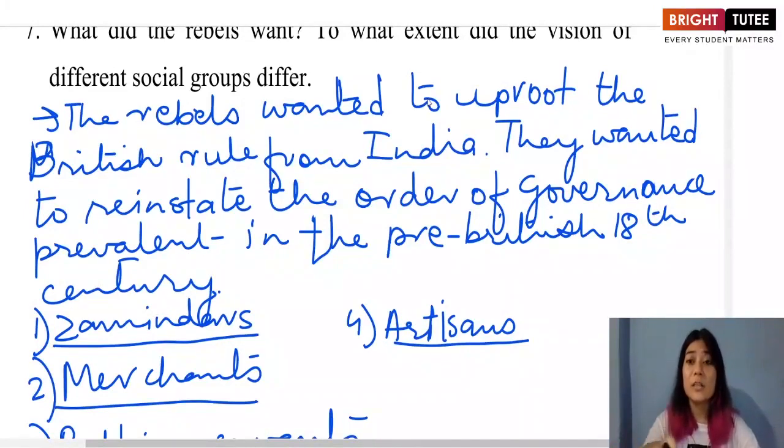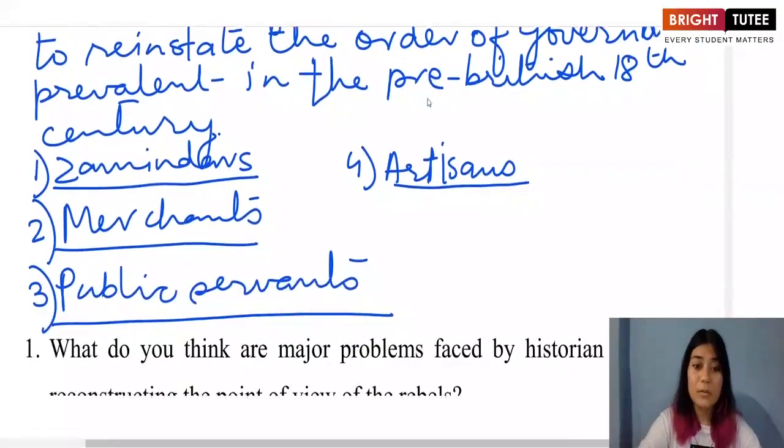All of these different problems and grievances, along with the sepoys' grievances, were pulled together into the revolt, and that revolt was the rebellion of 1857.